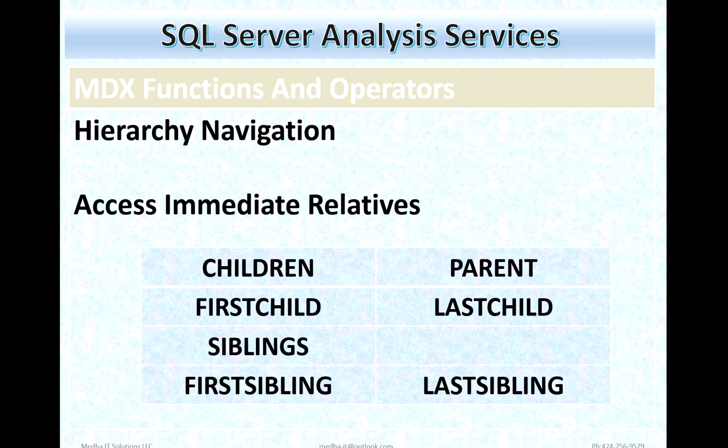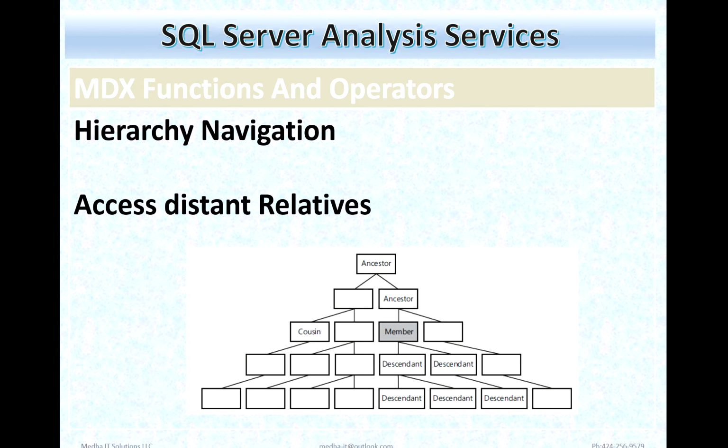So, we saw how to access immediate relatives, which are parent, child, first child, last child, siblings, first sibling, last sibling, which are the immediate relatives surrounding the current member. And also we saw the distant relatives, where we accessed the higher level, that means more than the parent. That means, we accessed the year from being in the month as my current level. I could go to the year level, which is 2 levels up.